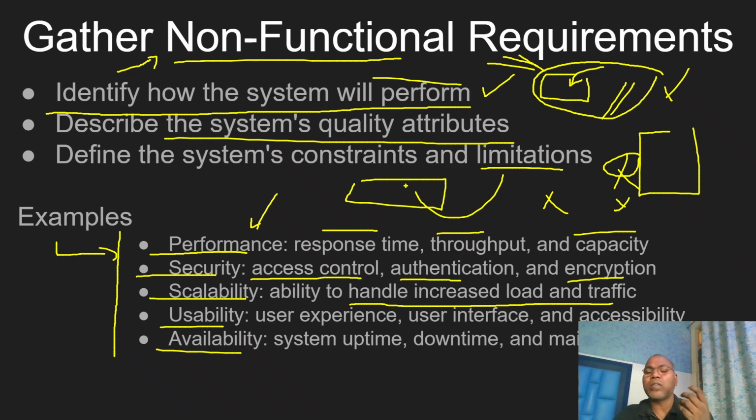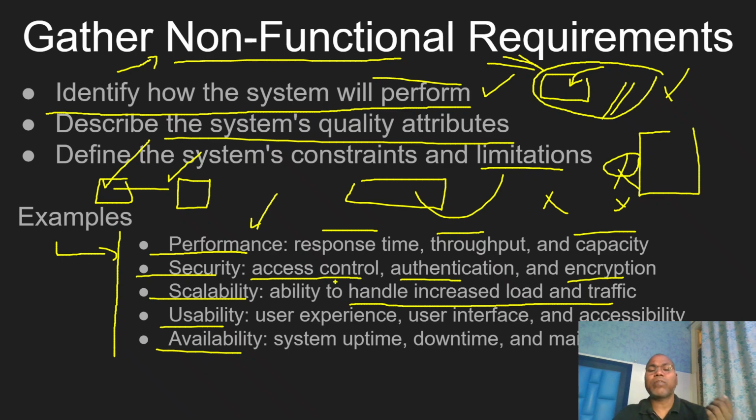These are not related to your functional requirement, but this is a non-functional requirement, and we have to agree. Our system designer and your customer must agree: hey, our system response time is this, and our system can handle such a load, maybe 1,000 requests per second.